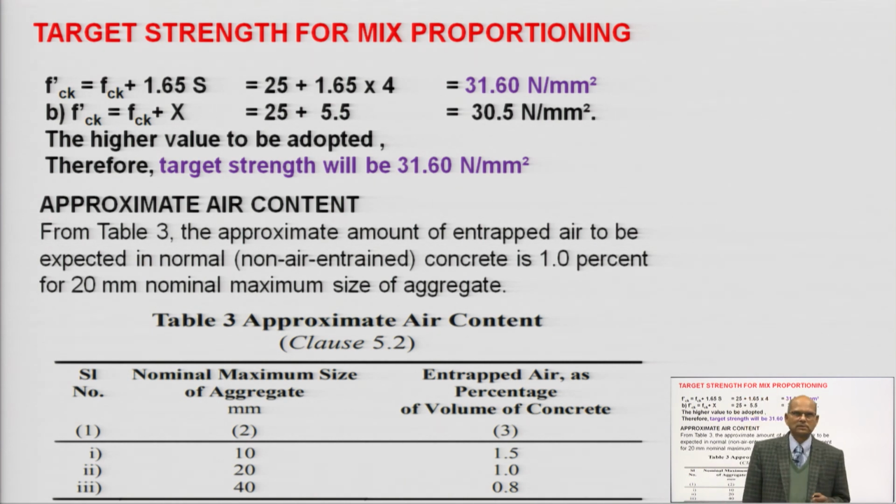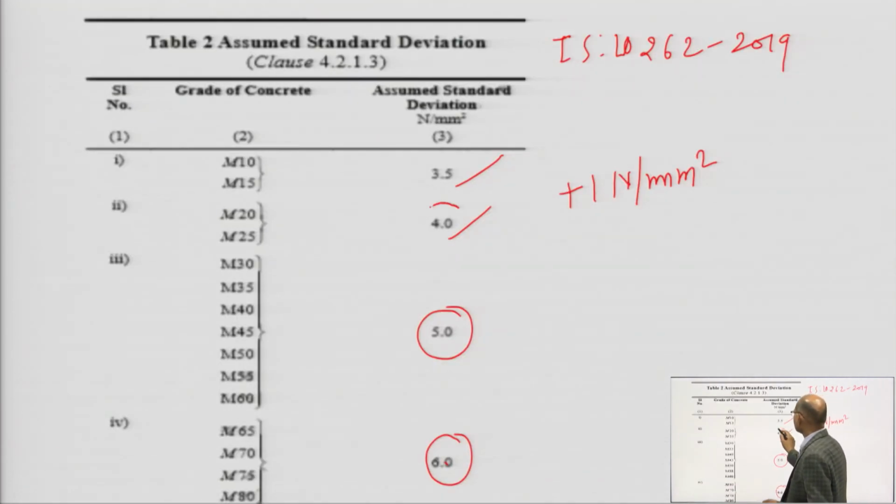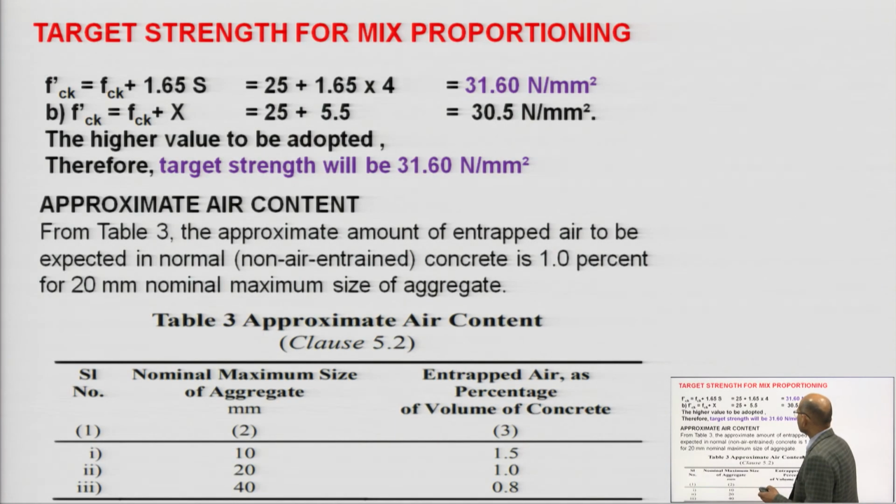If you see here, what I have taken is M25 grade concrete. For M25 grade concrete, what is the standard deviation? This is FCK plus 1.65 times S, where 1.65 is a statistical constant, and the standard deviation has been taken from Table 2. This value is 4. Just multiply, you will get 31.60. Similarly, we have another equation: F'CK, the mean target strength, equal to FCK plus X value.